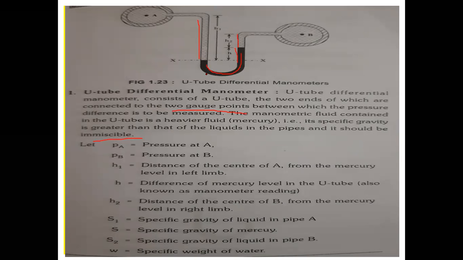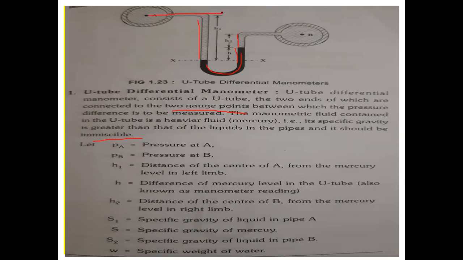Okay, now next from this figure, if you see the derivation, let PA be the pressure at A of fluid 1, PB the pressure at the container B. Now H1 is the distance of the center A from the mercury level in the left limb.